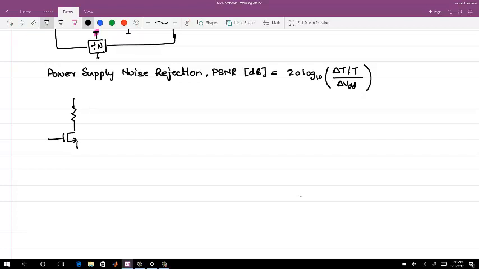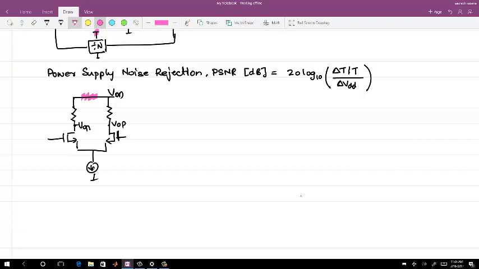If this cell is treated as a delay cell in a voltage controlled ring oscillator, then for the outputs VOP and VON, whatever noise exists on this supply exists as a common mode at the output.